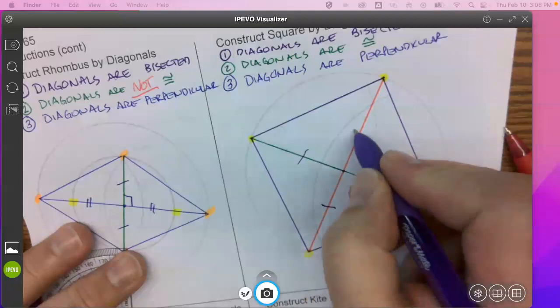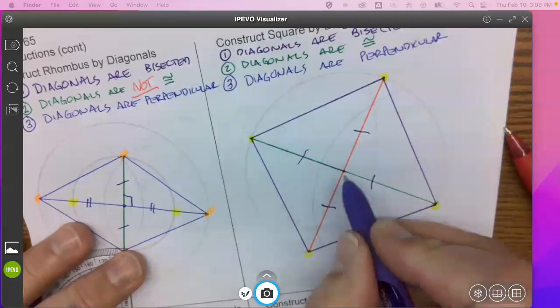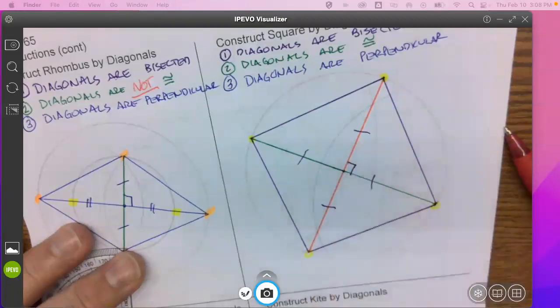We're saying all four half diagonals are the same size and perpendicular.